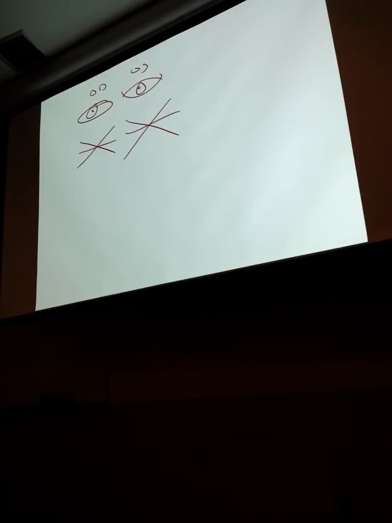And so the muscle that moves the eye inward, okay, that's called adduction. The muscle that moves the eye in is called the medial rectus muscle. The muscle that moves the eye out is called the lateral rectus muscle.